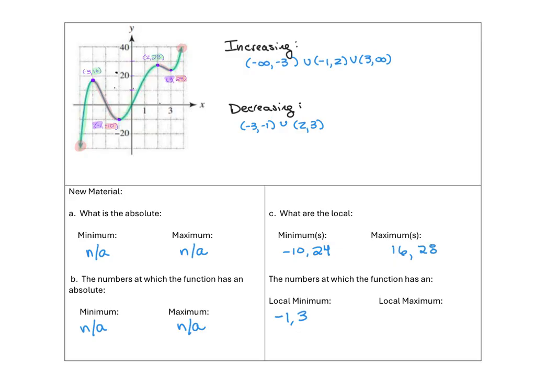When we want to know the numbers at which the function has a local maximum, we want our x-coordinates. And so we are going to say -3 and 2. And we're done.